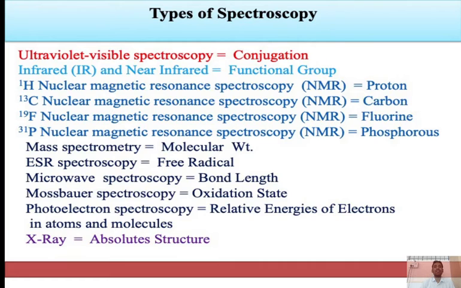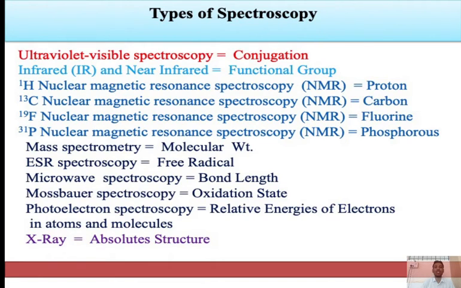Then H1 nuclear magnetic resonance spectroscopy finds the protons among molecules. Then C13 NMR spectroscopy finds the different types of carbon present in molecules.